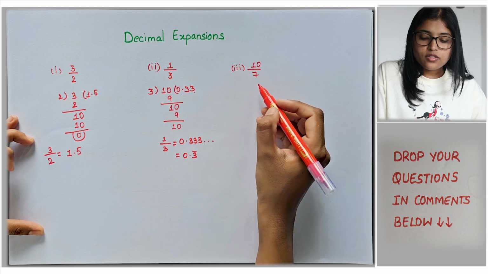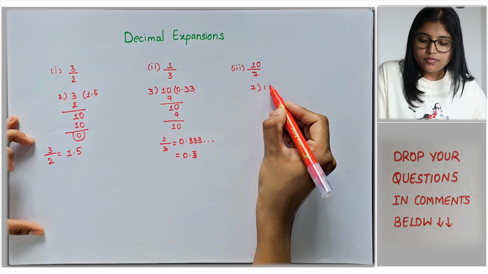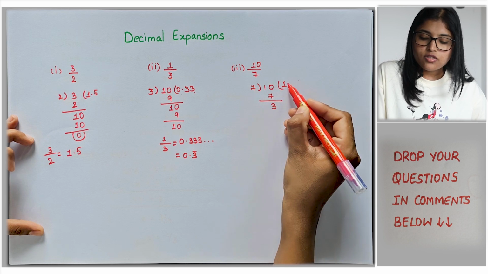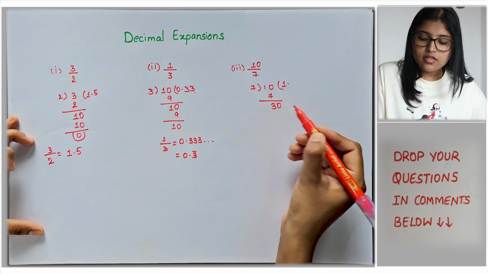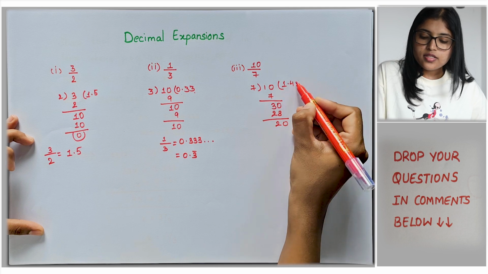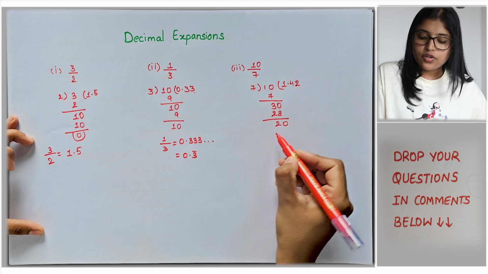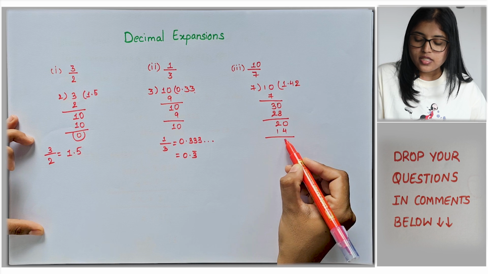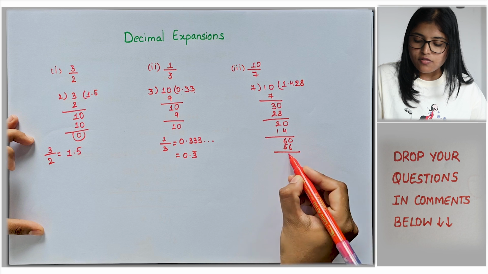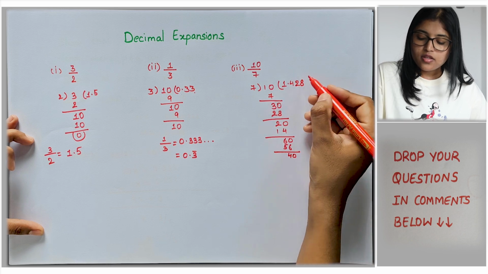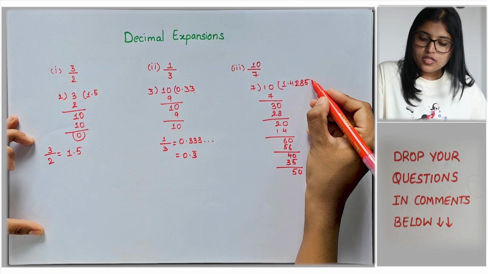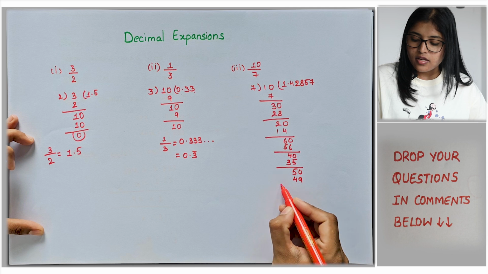Let's look at the third one. So 10 by 7, 7 and 10. 7 ones are 7. What are we left with? 3. So 3 is smaller than 7. Let's take a decimal. 7 4s, 28, 2. 7 2s, 14, so 6, and 7 8s, 56, 4. 7 5s, 35, 5. 7 7s, 49, 1.